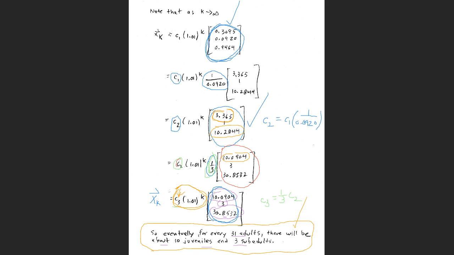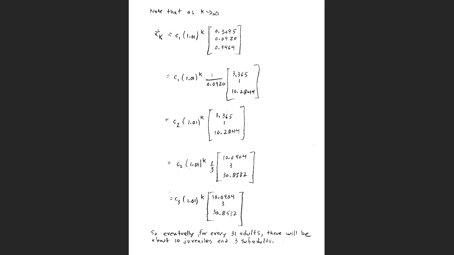If I wanted to know eventually what percentage of the population of owls were going to be juveniles, how could I use this vector to help me? I'll give you a little hint here.